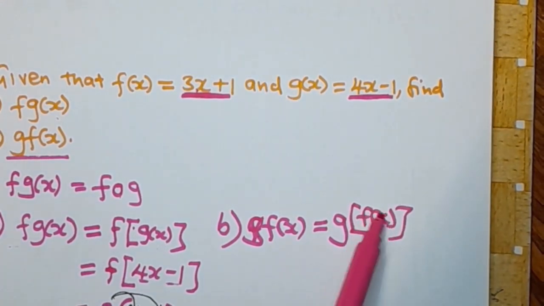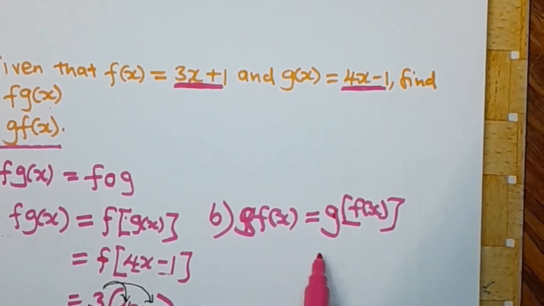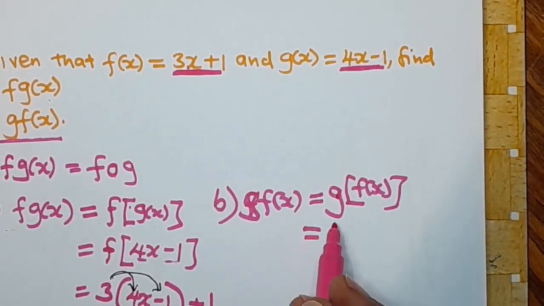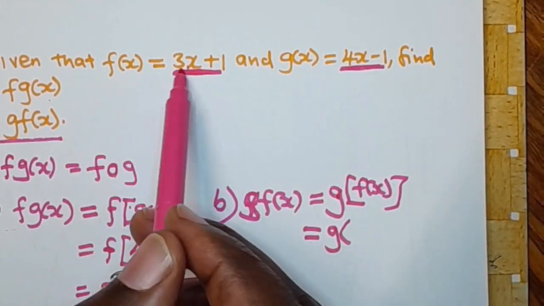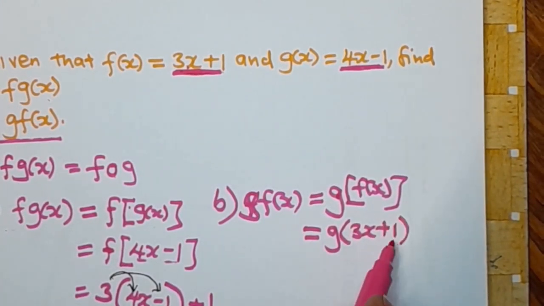So it means that the function f of x is inside the function g. So this function f of x, which is on the right, is inside the function g. So we can just go ahead and continue solving. We have g of f of x, and the function f of x is this one. So we're going to say 3x plus 1.